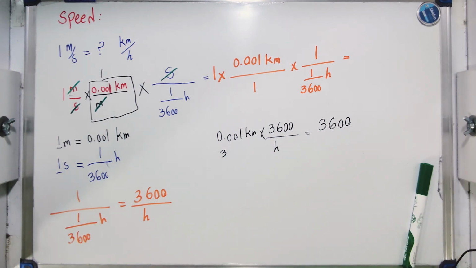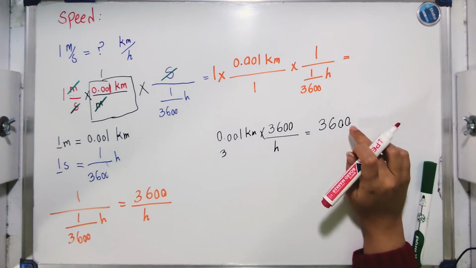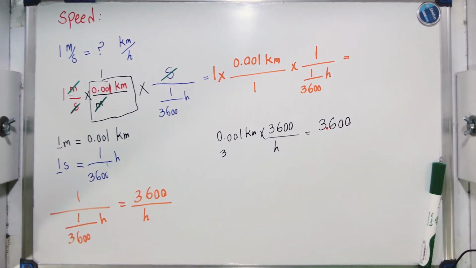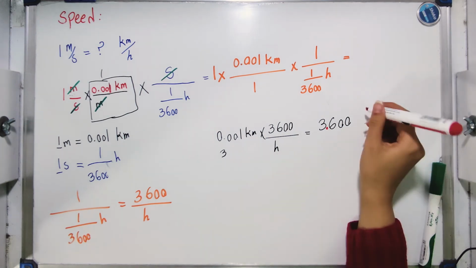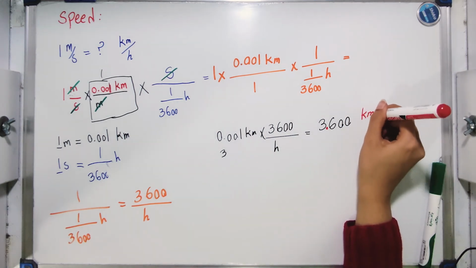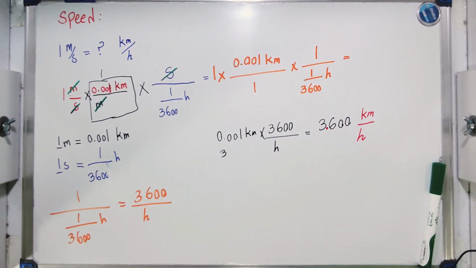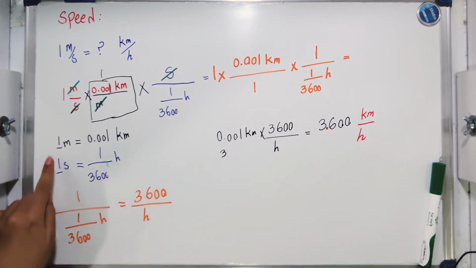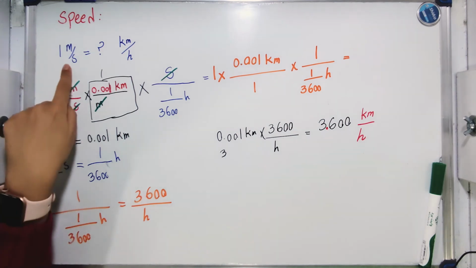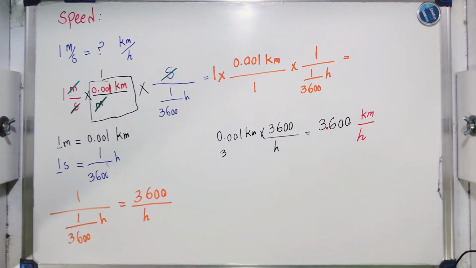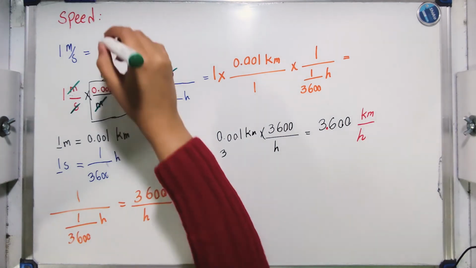I count it: 1, 2, 3. Okay. What do you have? Kilometers here and hours down. So every meter per second here is equal to 3.6 kilometers per hour.